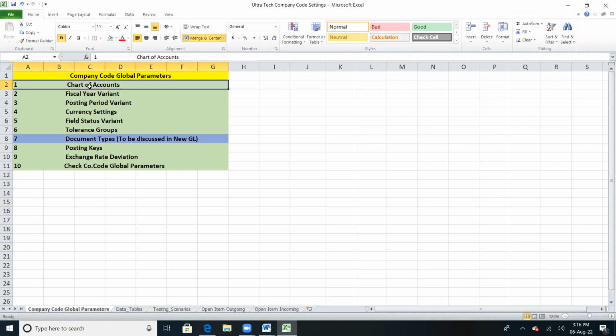So let's go for the first, chart of accounts. Write down chart of accounts.